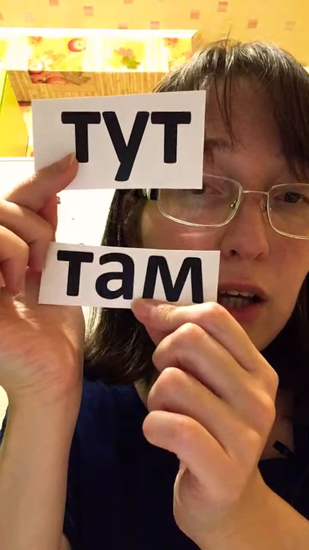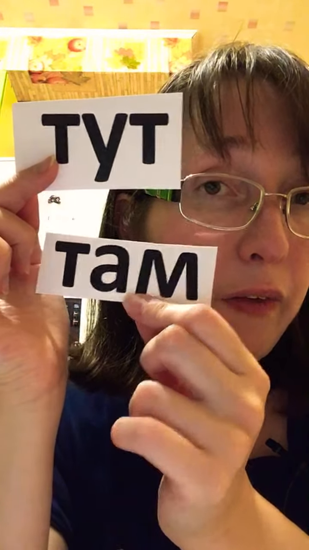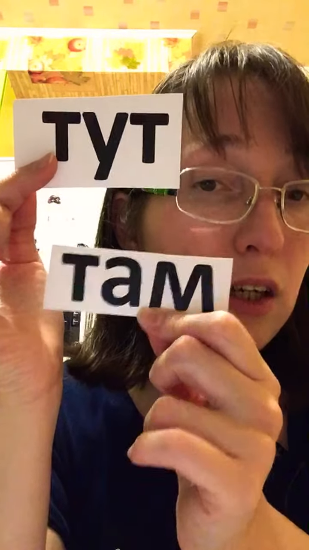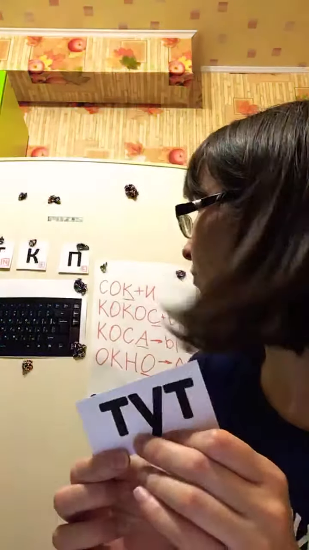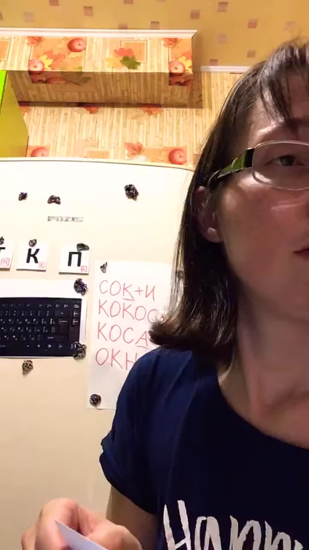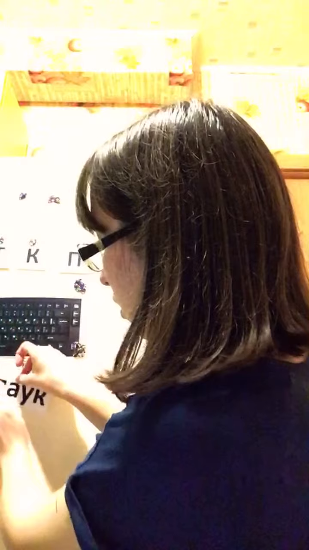And about the opposite word, read it by yourselves first. Там. Там means there. Here, there. Тут, here, там, there. Тут, там. For example, a phrase.